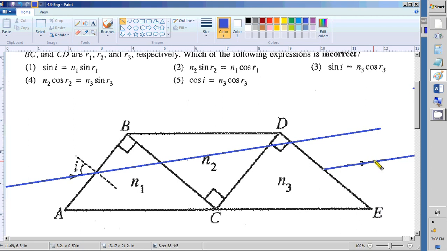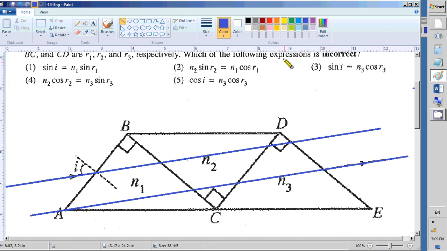If we extend this emergent ray until it meets the incident ray, we can see there are 2 parallel rays.